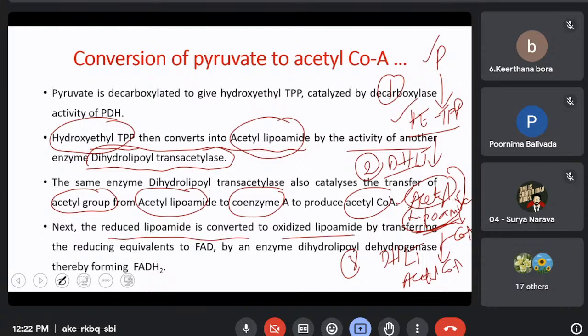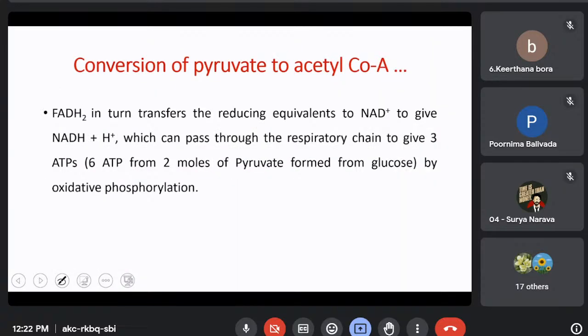So it is reduced, and now this is converted to oxidized lipoamide by transferring the reducing equivalents to FAD by an enzyme dihydrolipoyl dehydrogenase, thereby forming FADH2. Okay. So here the FADH2, but actually we have seen that in the overall reaction NADH plus H plus is produced.